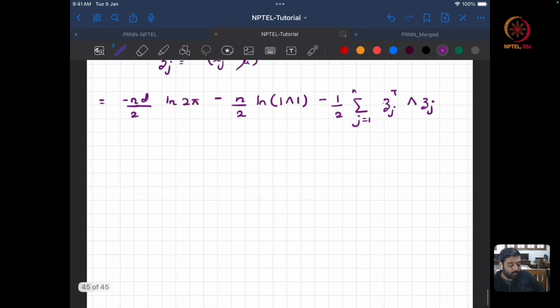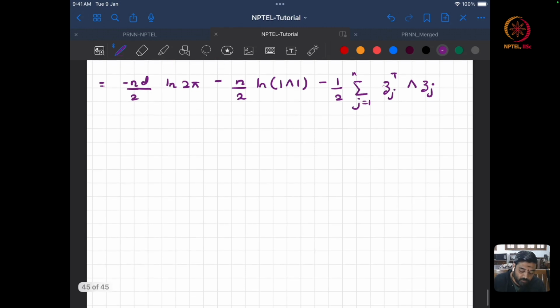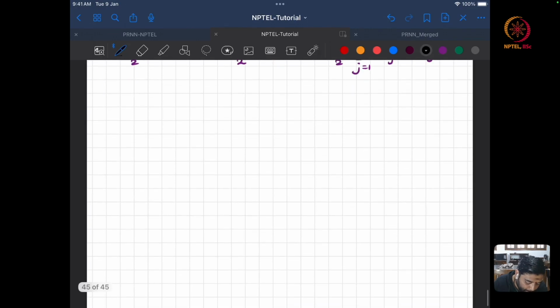Okay, so now what is it that we need now? Now we need derivatives of the form: you take the derivative with respect to a.